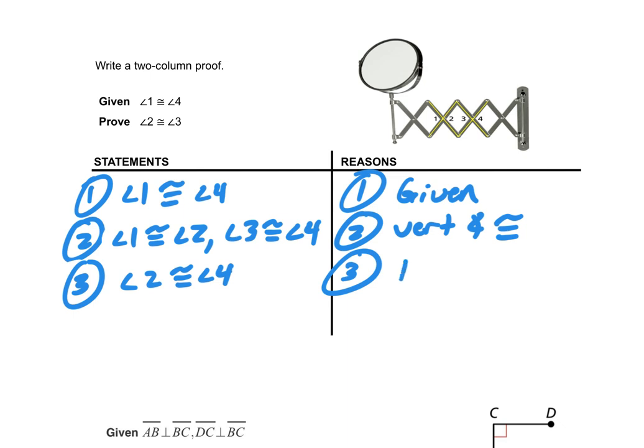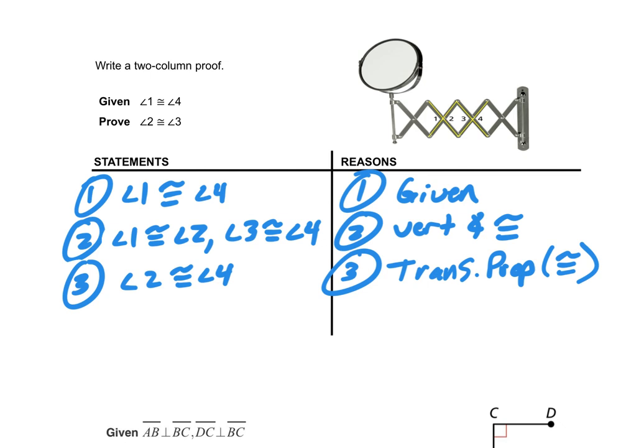It's a transitive property. And because we're doing congruency here, we're going to say the transitive property of congruency. A couple days ago, we talked about the reflexive, the symmetric, and the transitive property of congruency. We could do equality, but because all of our statements here are congruency, we're going to use congruency here.